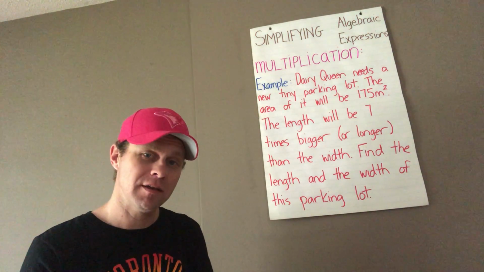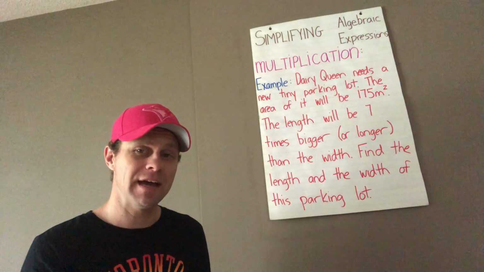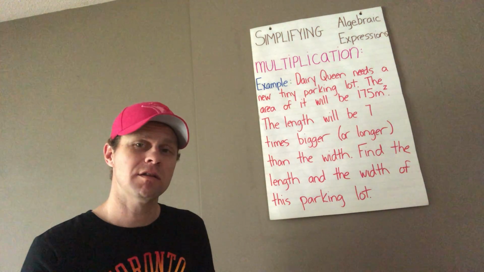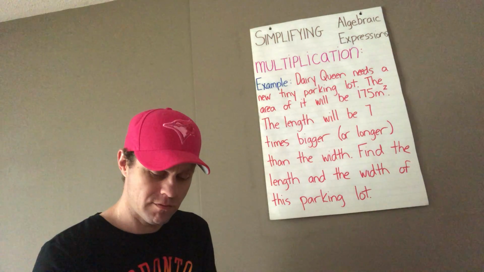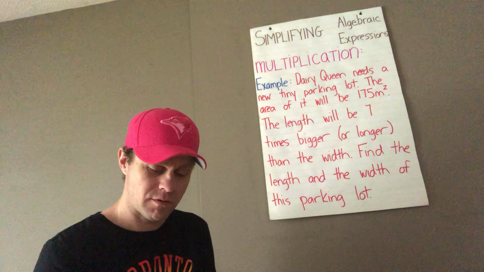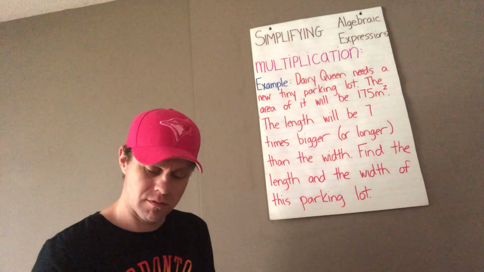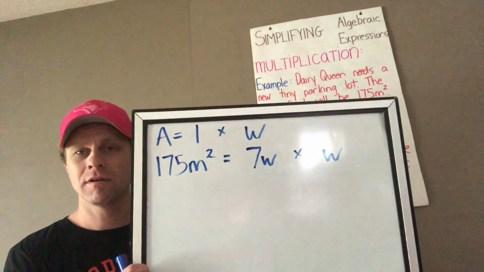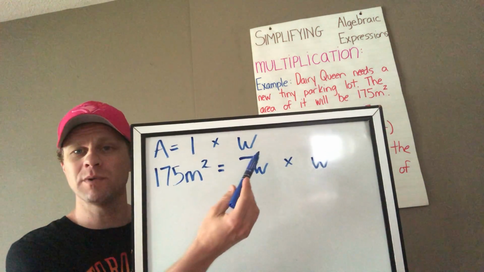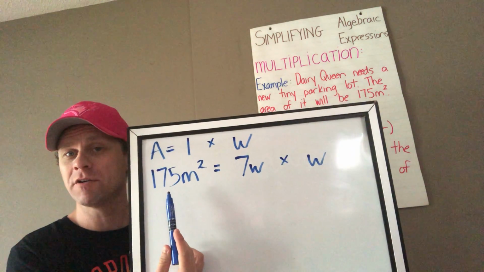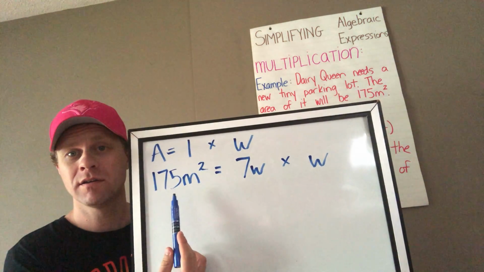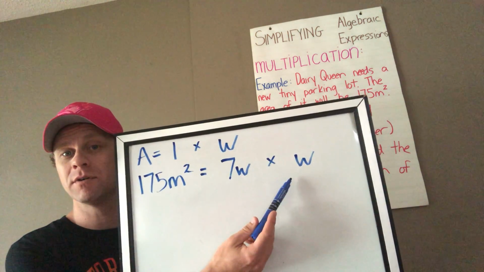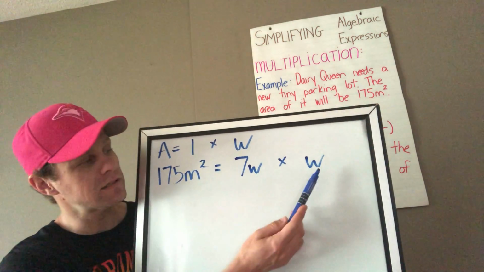Not numerically, but we know that the length is 7 times longer than the width. So our formula for figuring this out is going from area equals length times width to subbing in 175 meters squared for area, 7W times W. Now the reason I chose W is because of the width.